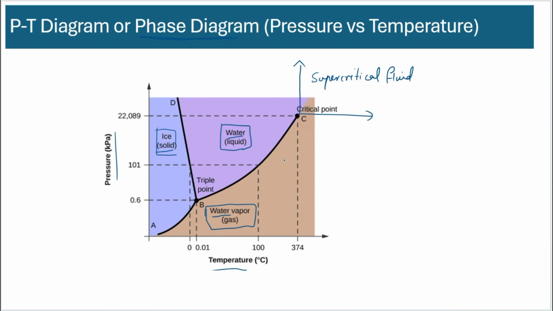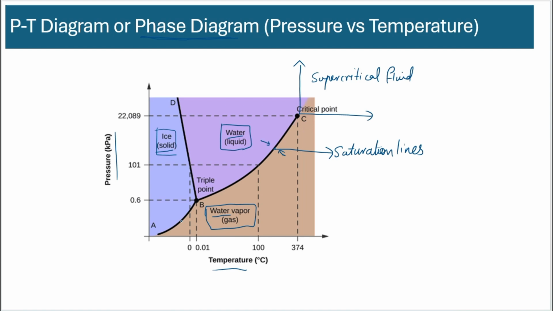There are several lines here. These lines are called saturation lines, okay, because they are in equilibrium between two different phases on this line. In this case, you're at an equilibrium between the liquid phase and the gaseous phase. So this you could call the saturation line for vapor-liquid equilibrium.